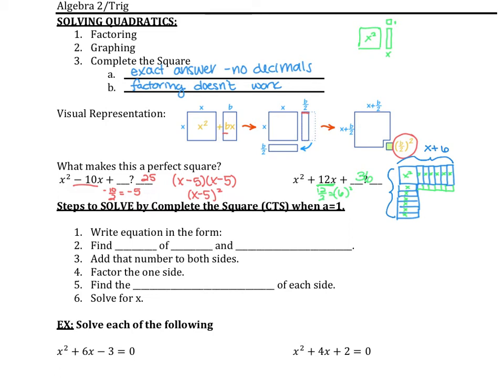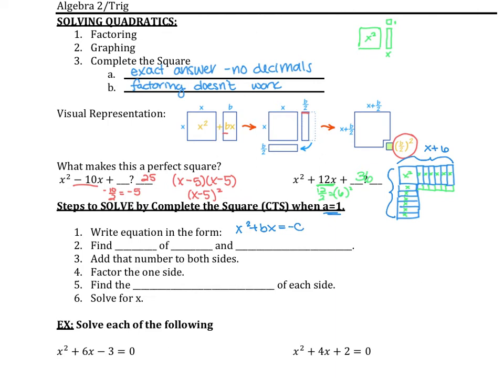All right, now you might be asking why we would use this complete the square idea to solve. So let's go through some steps to be able to solve, and then we'll look at some examples. So the first thing that we want to do is take any equation that we are given and write it in the form of, and we're doing this when a equals 1, x squared plus bx equals negative c. That just means instead of it equaling 0 like it's done so far, we're going to move that constant term over.